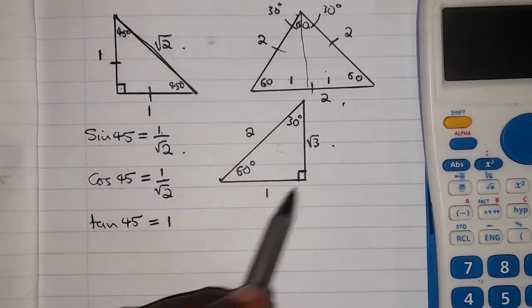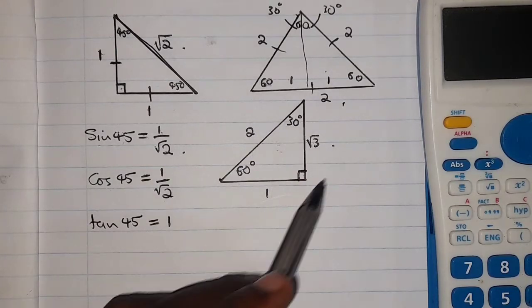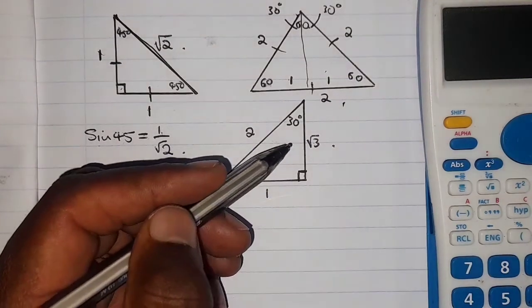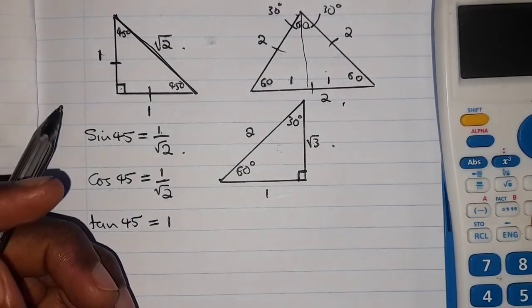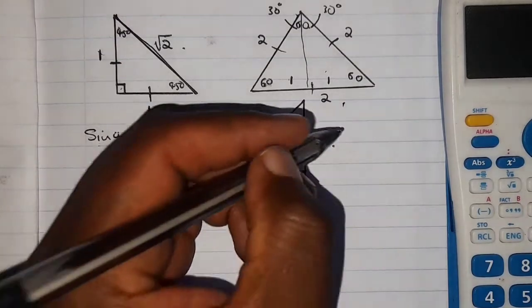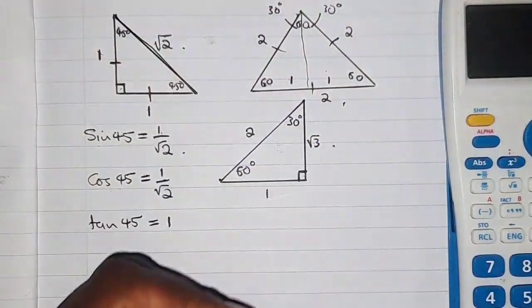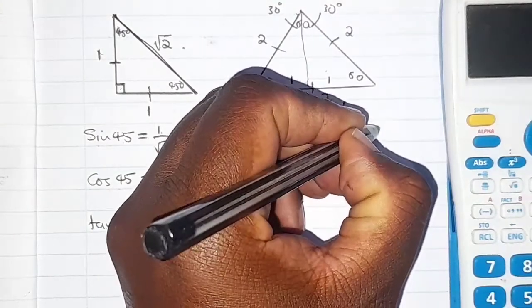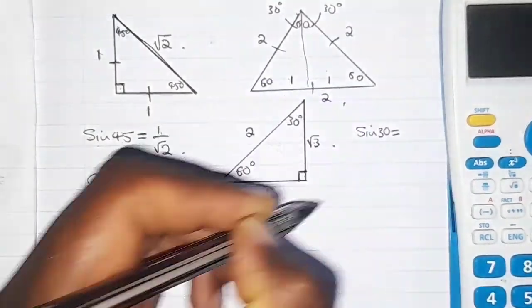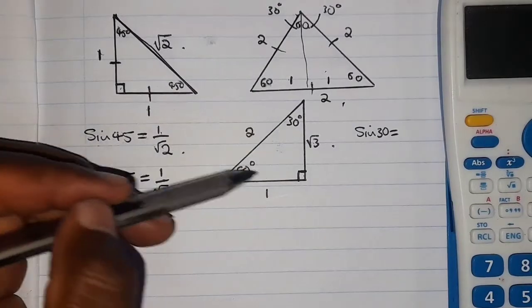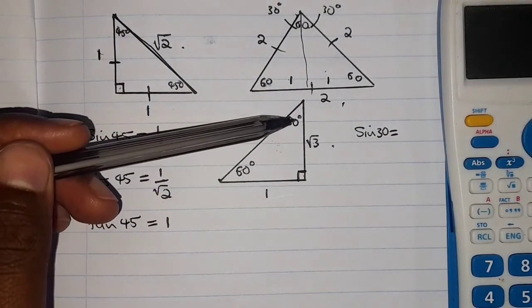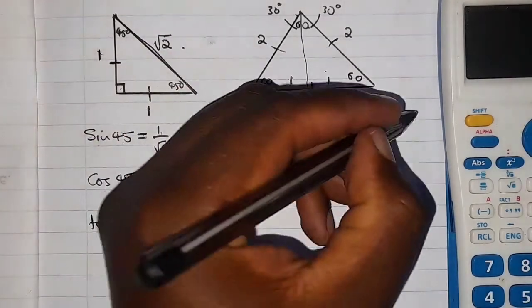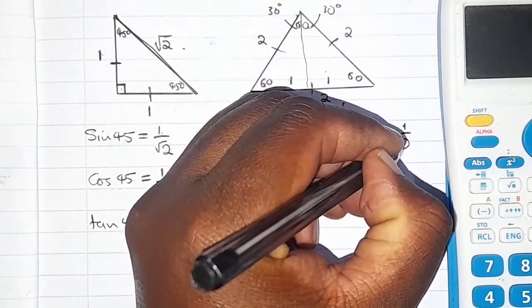Now, the trig ratios of 60 and 30, we are going to get them from this triangle also. All right, the first one, I have sine 30. Sine 30, we are getting it from here. This is 30. Sine 30 is opposite over hypotenuse, that is 1/2.